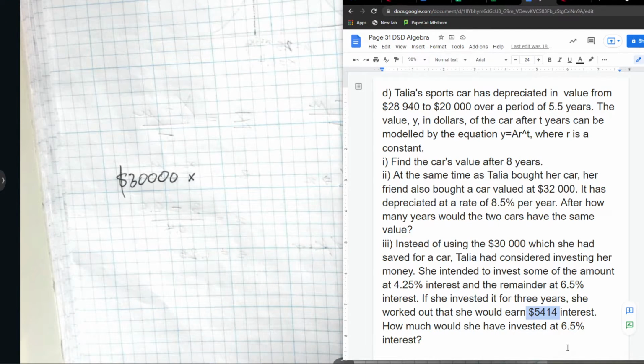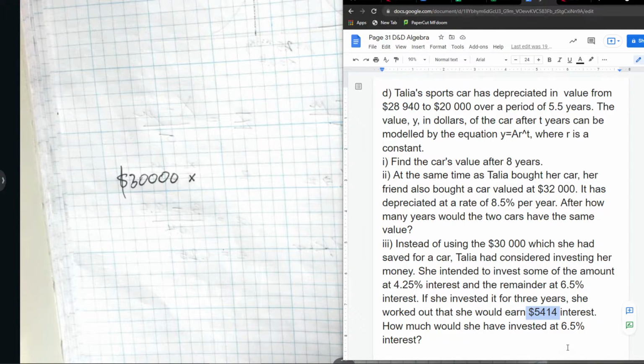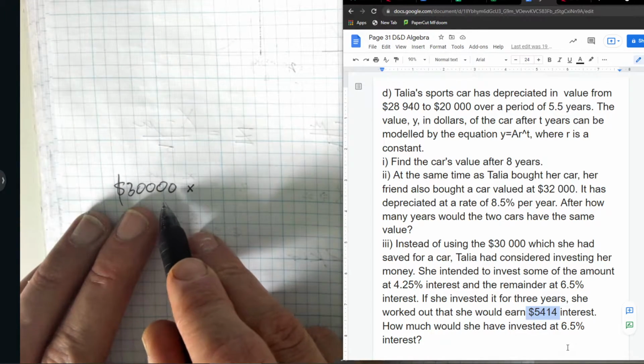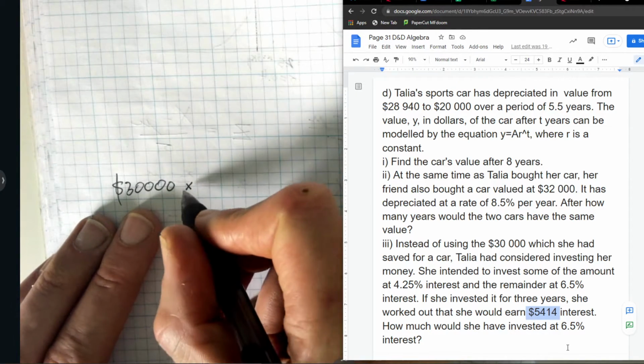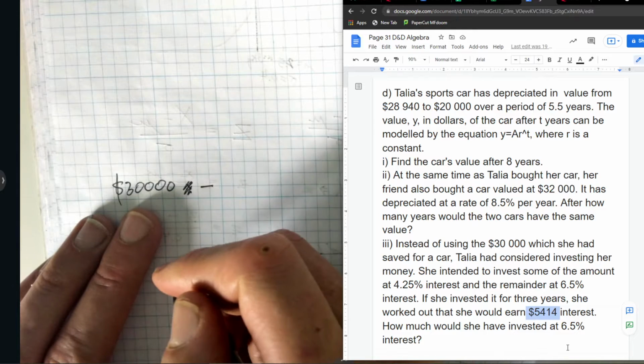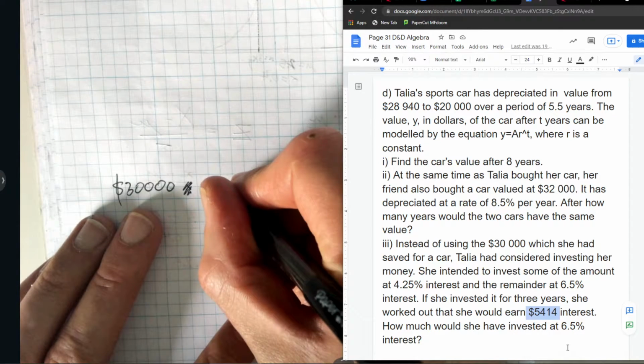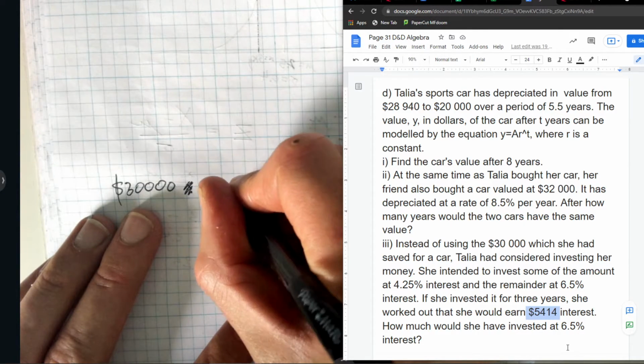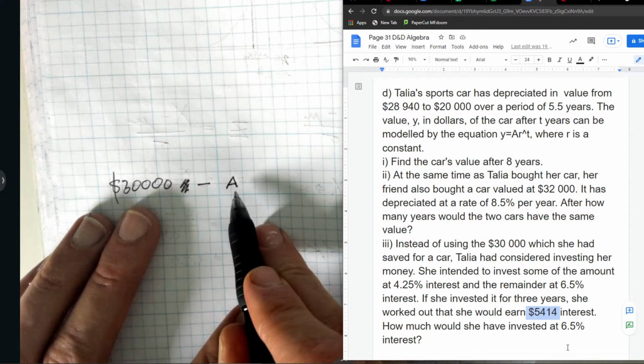There's going to be a bit of a pause on this while I consider this. She's got 30 grand and she splits it. So 30 grand minus A, and I'm going to say that that's the amount she split.